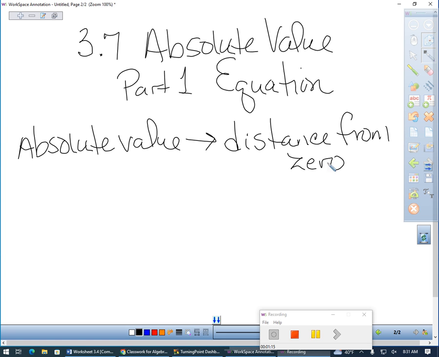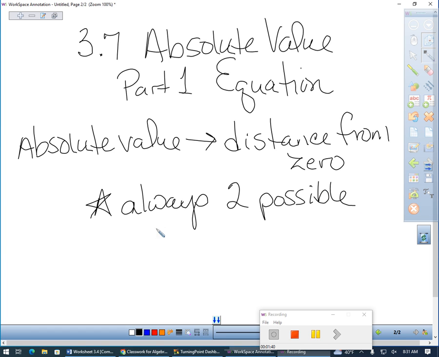So today there's always going to be 2 answers. Anytime you have an absolute value, there's 2 possible answers.